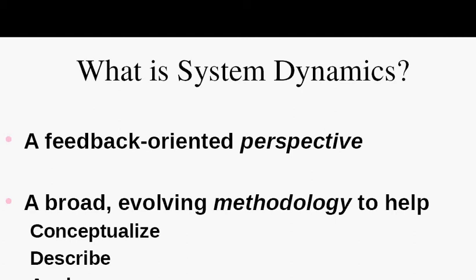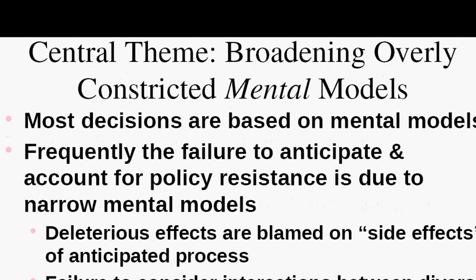And so from the very start, it was focused on management of complex systems, where if we try to do it by the seat of the pants, we're likely to see blowback effects, policy resistance, cases where we're working at cross purposes with the nature of the system, and we end up having effects that fall far short of what we're seeking, or that are actually contrary to what we're trying to achieve.